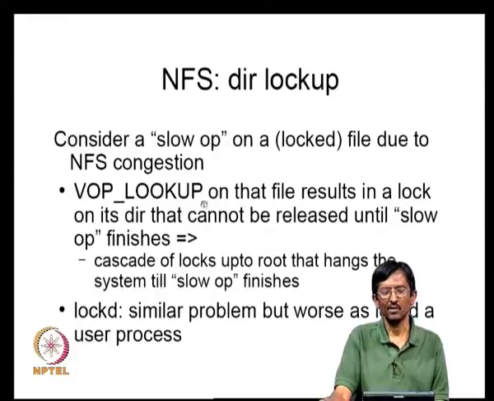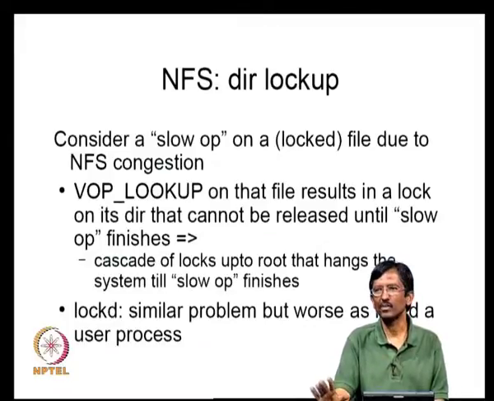Now, by bad luck, somebody else is also looking up that file, let us say we are coming to NFS. When you are trying to look up some information, you want to make sure that the information you are looking for is stable. The way you make it stable is by taking a lock on the parent directory, because that basically says that nothing can change corresponding to that file, because the metadata of that particular file, for example its size and all those things, is going to be kept in the parent directory.